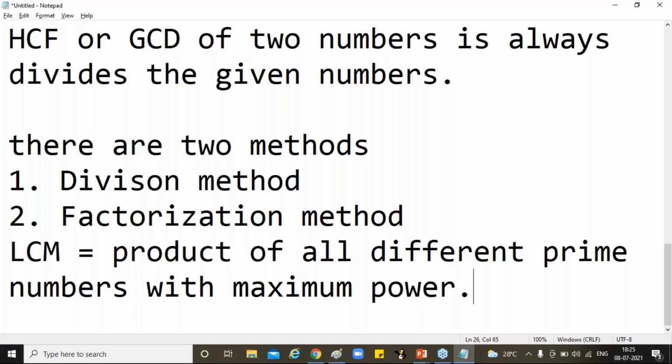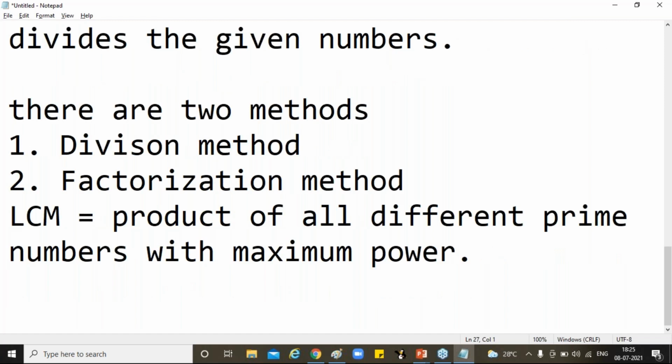What is that meaning? Please understand, ma. Product of all different prime numbers with maximum power, by using the factorization method.